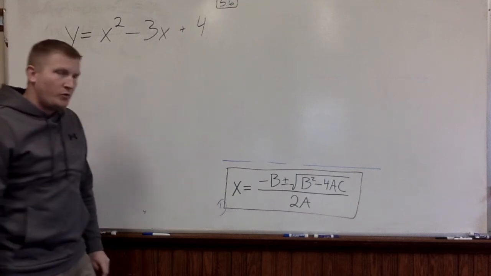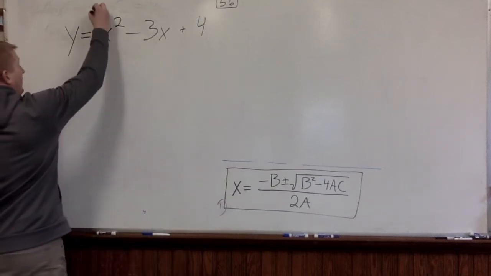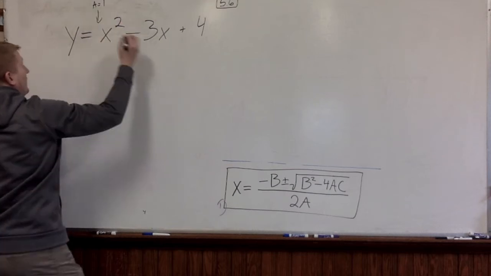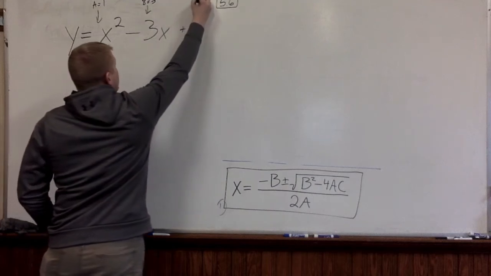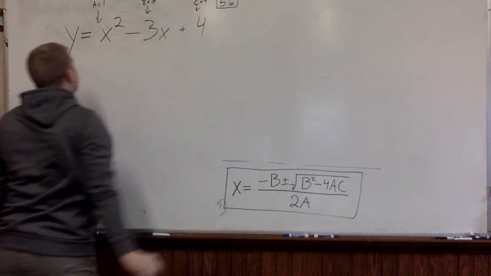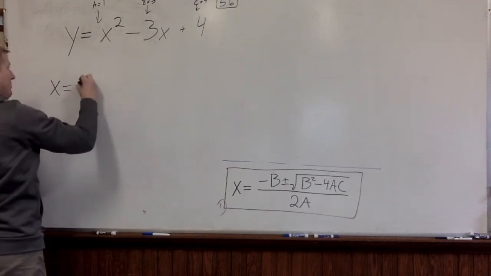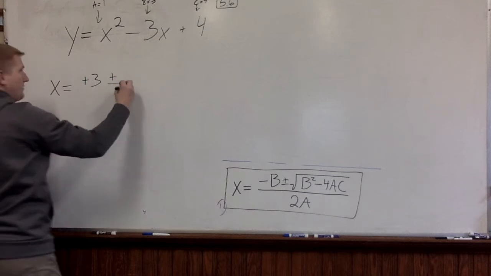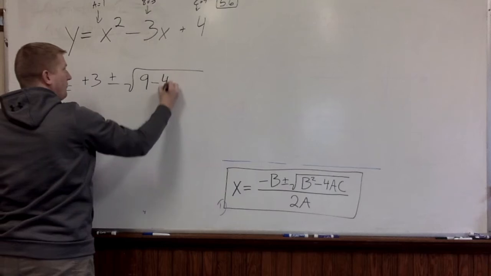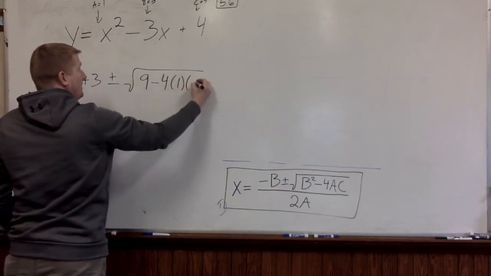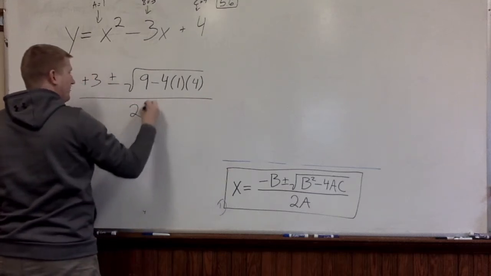But let's find out where it's going to hit the x-axis by using our universal formula. So again, our a in this case is 1, b is negative 3, and c is 4. So x is equal to the opposite of b, so it's going to be plus 3, plus or minus the square root. B squared, negative 3 squared is going to be 9, minus 4 times a, which is 1, times c, which is 4, all over 2a, and a is 1.